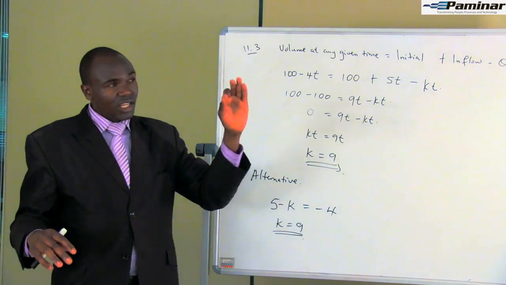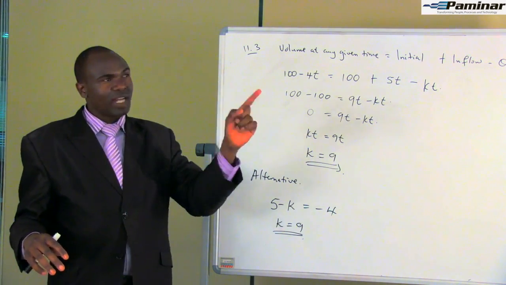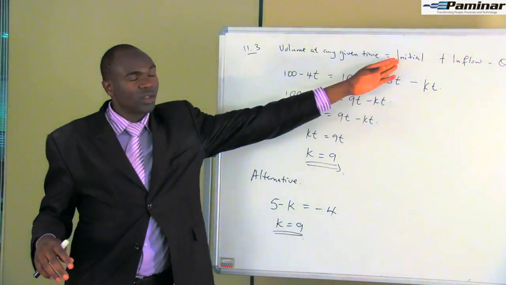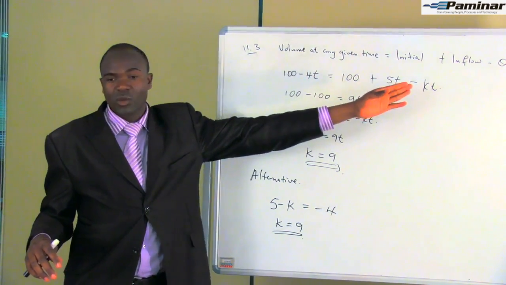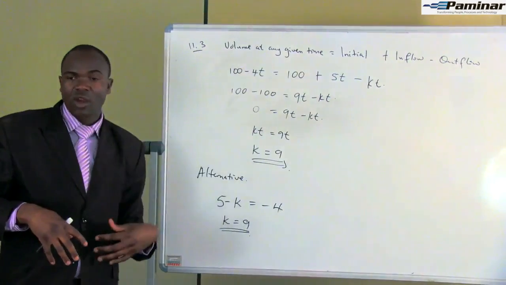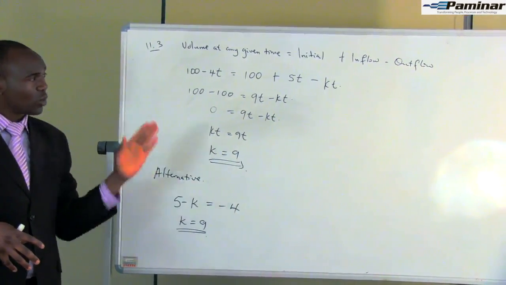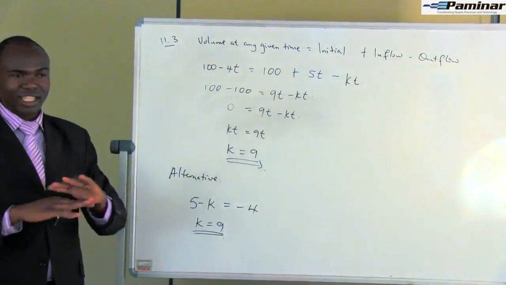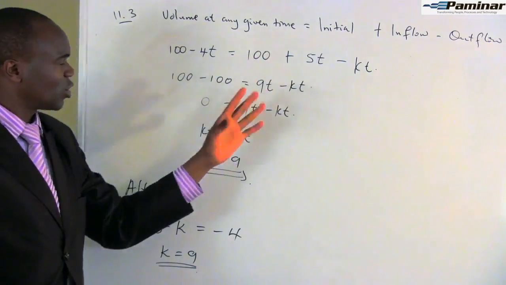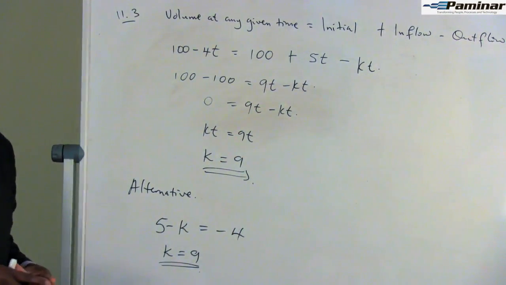That's what you are told, that the volume at any given time is going to be 100 minus 40. Then you play around with the initial, the one that was there at first, plus the inflow, what is getting in, minus the outflow, what is going out. So at any given time, they should always balance. Because this one means there was something plus, so you should get your K from there.